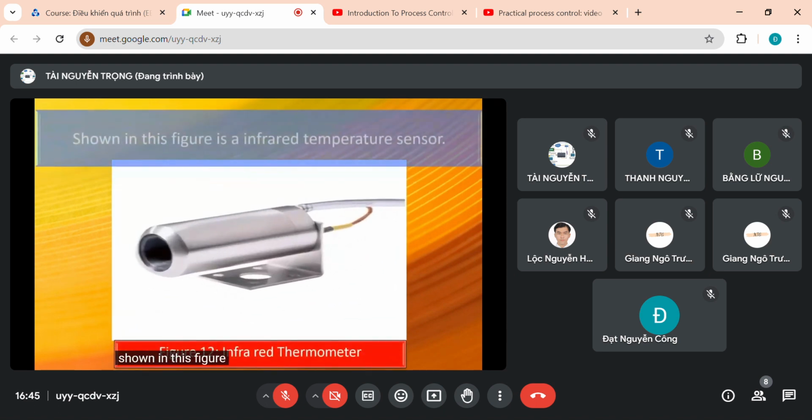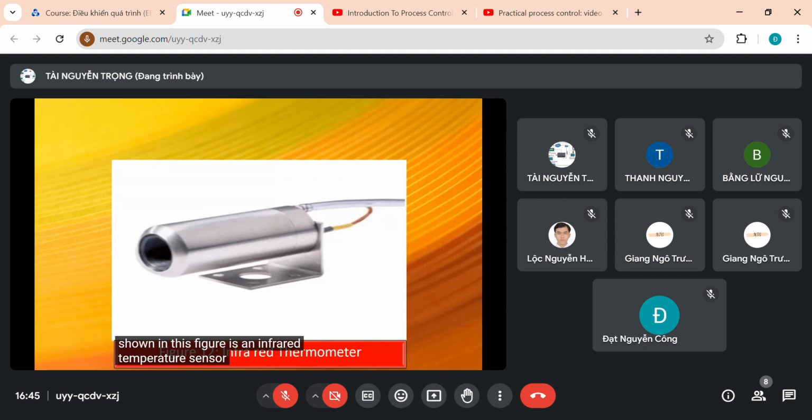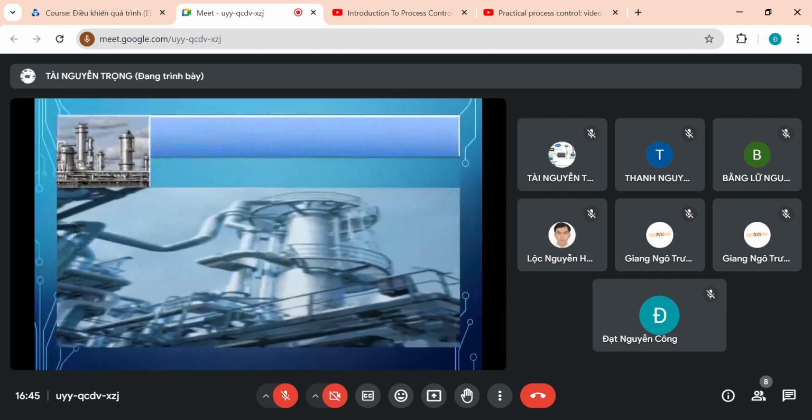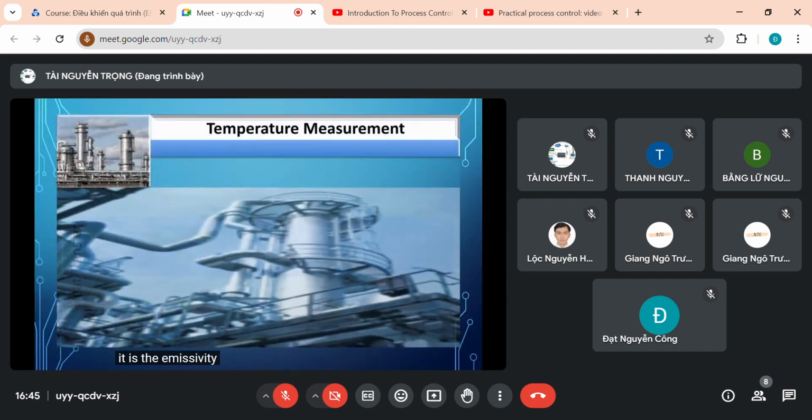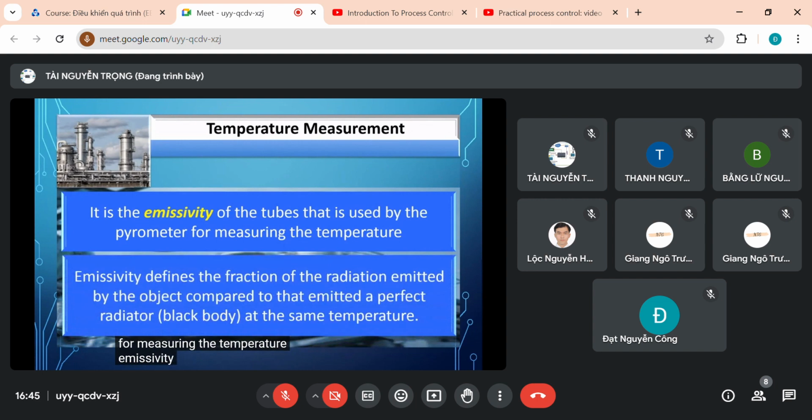Shown in this figure is an infrared temperature sensor. It is the emissivity of the tubes that is used by the pyrometer for measuring the temperature. Emissivity defines the fraction of the radiation emitted by the object compared to that emitted by a perfect radiator, that is a black body, at the same temperature.